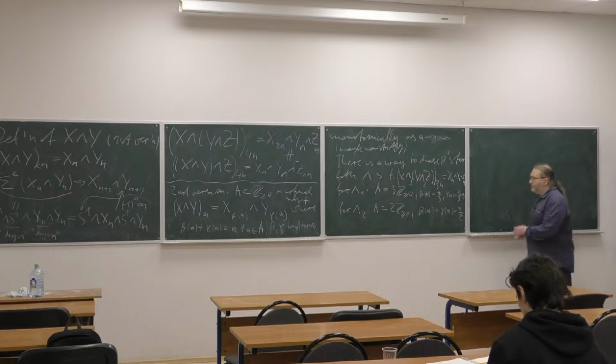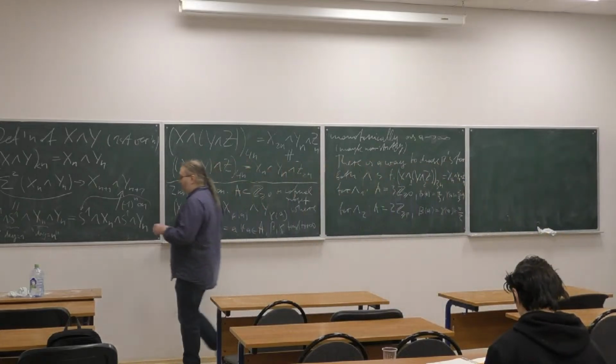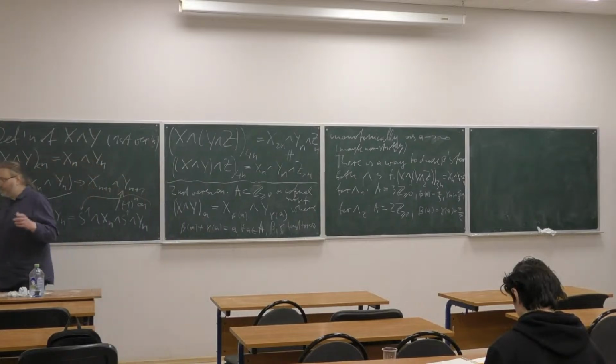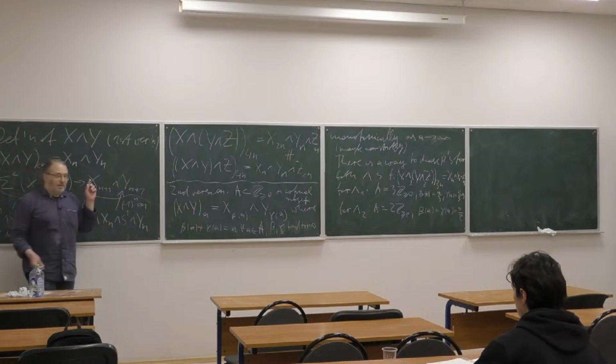Now, so this gives us associativity modulo the assumption that these choices that we made do not really do much in the homotopy category. Well.